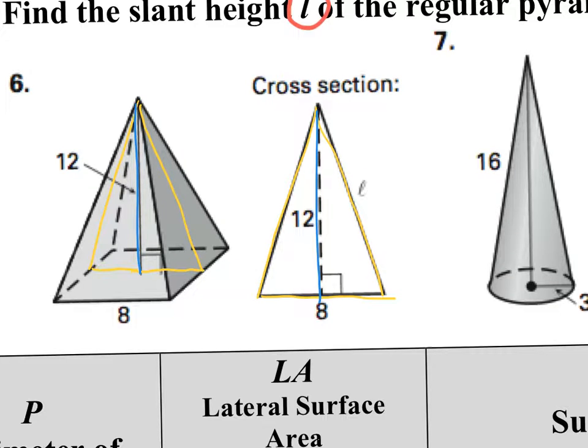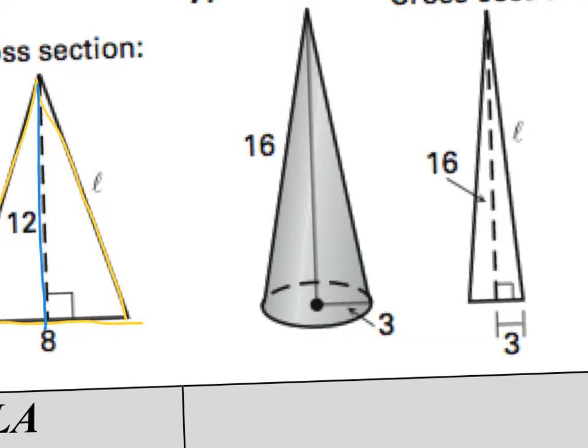So L is effectively, we're just ignoring that half of the triangle, and we're just going to use this here to find out what that is. So clearly, we have a right triangle. We're going to use the Pythagorean Theorem, with this part here being 4, because I just cut the 8 in half, and this part here being 12. So I say 4 squared plus 12 squared is equal to L squared.